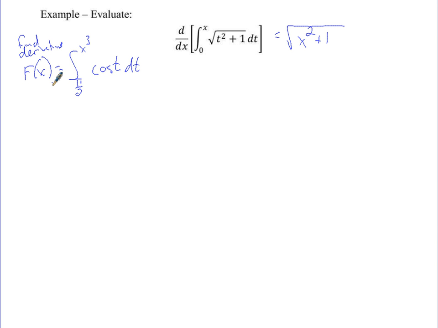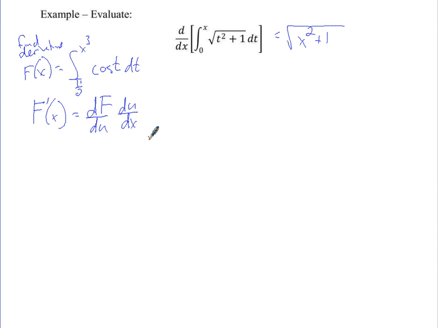So to do that, what you need to realize is that what we're looking for is capital F prime of x. Capital F prime of x is going to be the derivative of the original function with respect to u, times du over dx.